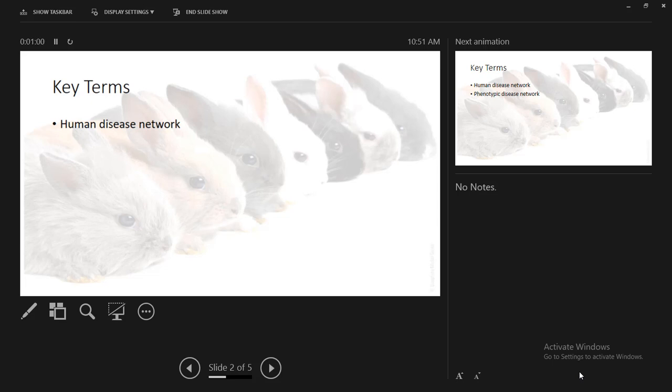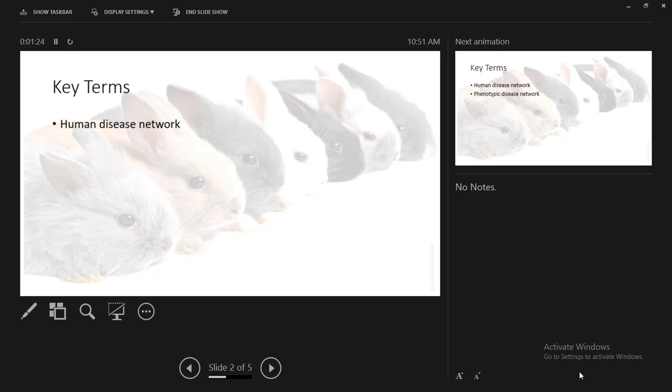The nodes are not proteins, RNAs, or genes, the nodes are diseases. And by our edges, we're illustrating those interactions between diseases, the relationship between diseases, and also making some predictions about how they're related.